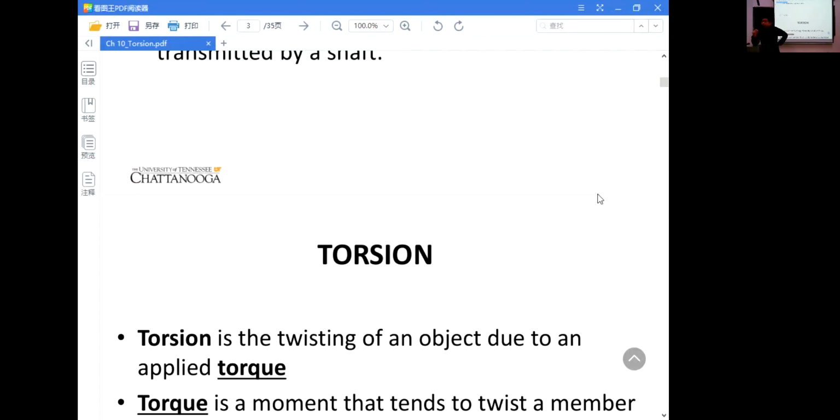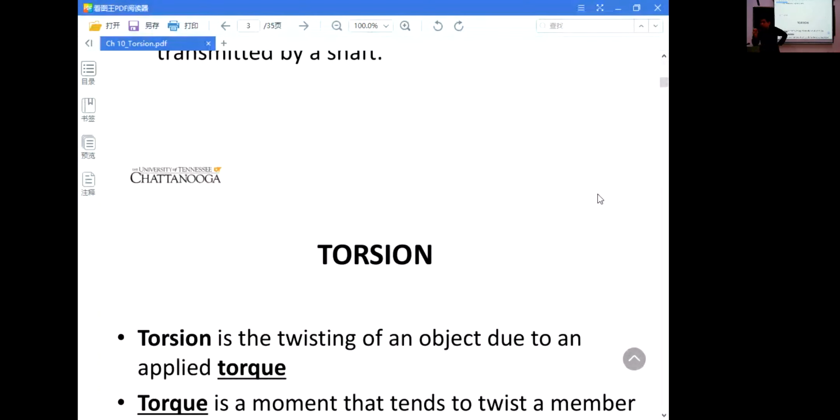If a structure has a lot of members, it belongs to structure mechanics. We will learn it next semester. So this semester in mechanics of materials, we just focus on one cylinder member.